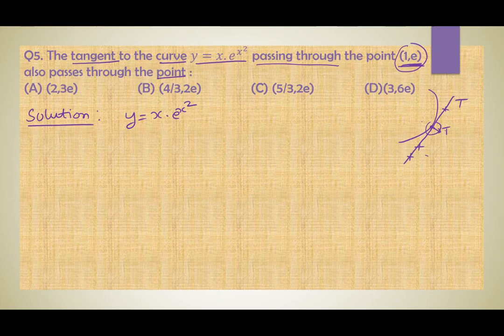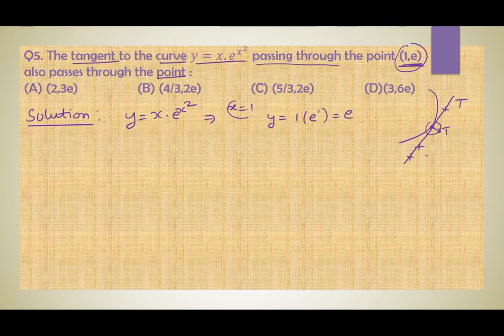Let's substitute (1, e) in this equation. So I'm going to substitute x equal to 1, and I'm going to check if y is equal to e here. This will give me y is equal to 1 times e to the power 1 square, that is again 1 times e, that is of course e.